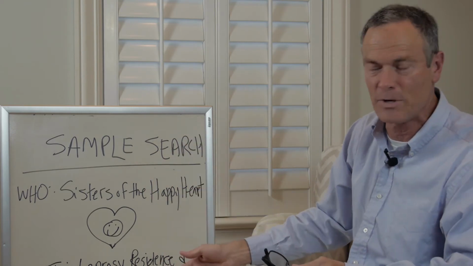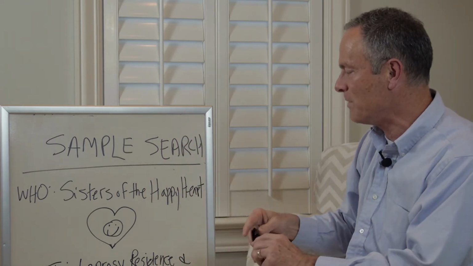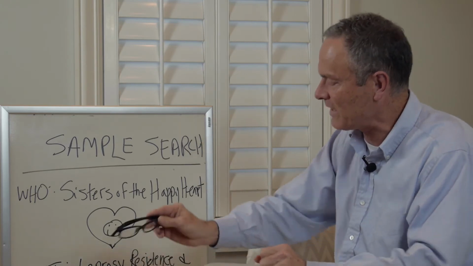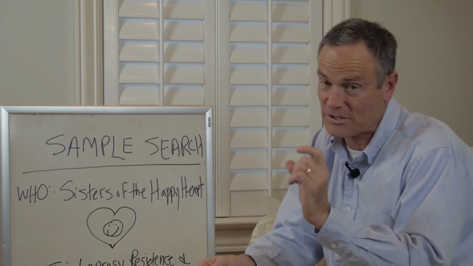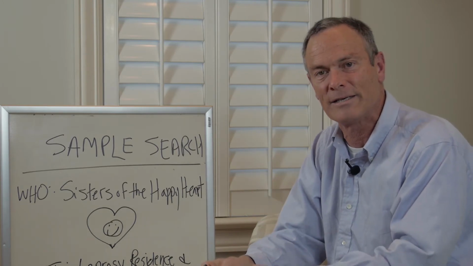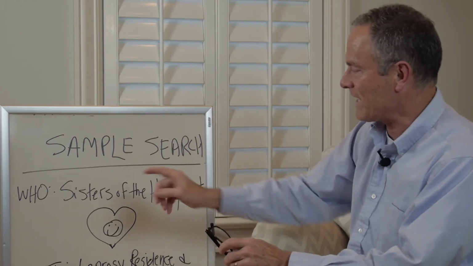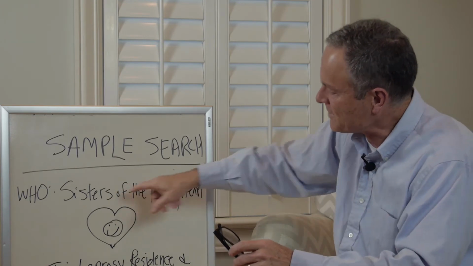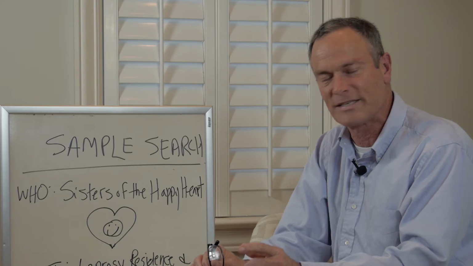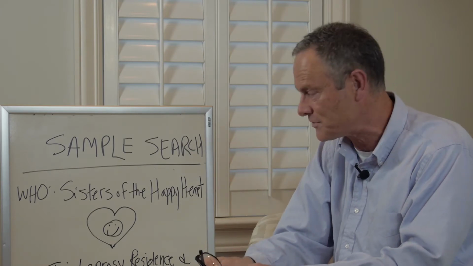I see at least two here. One of them would be the fact that it's not just medical, but it's specifically leprosy. And that's a fairly small and dedicated disease. Secondly, this is the Sisters of the Happy Heart that are applying. More specifically, this is an application which will be by sisters.